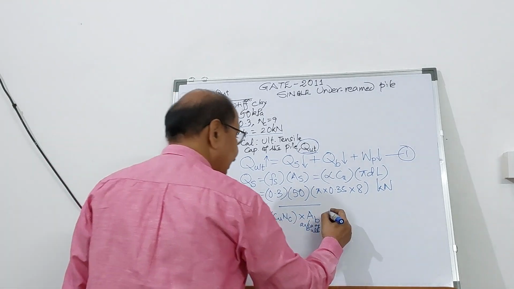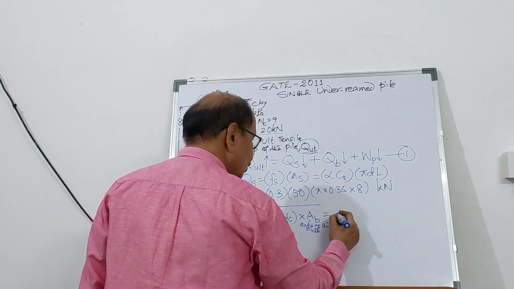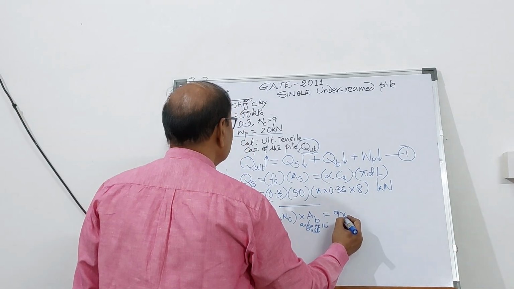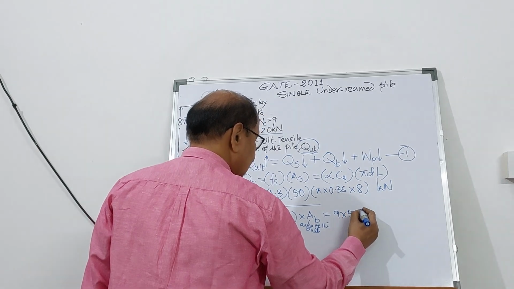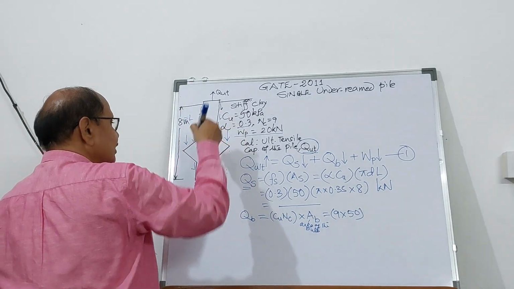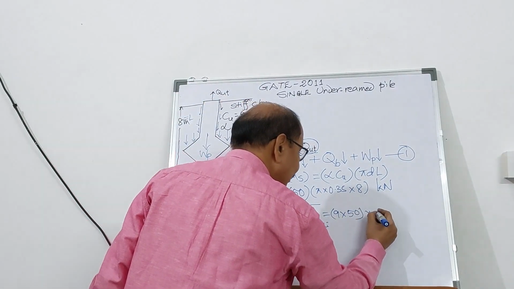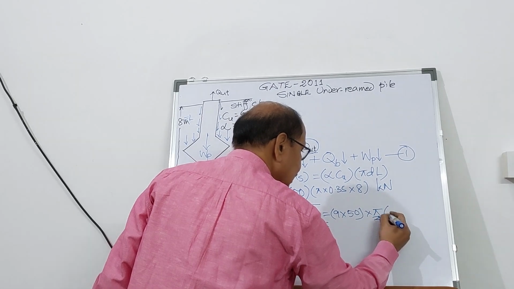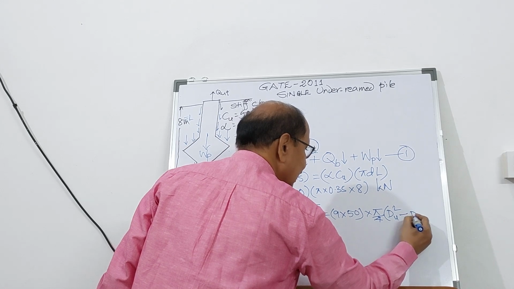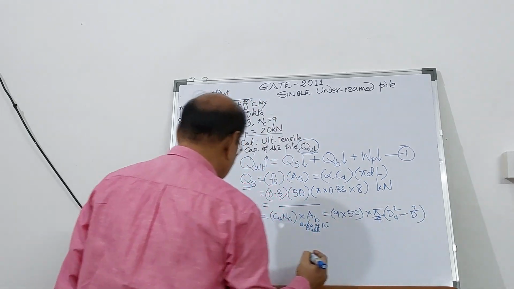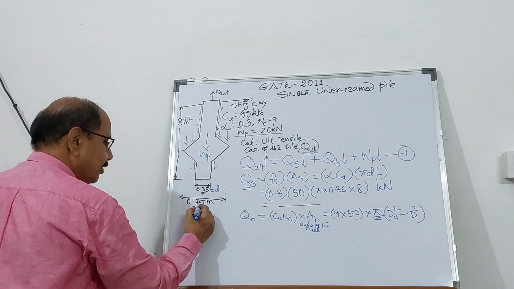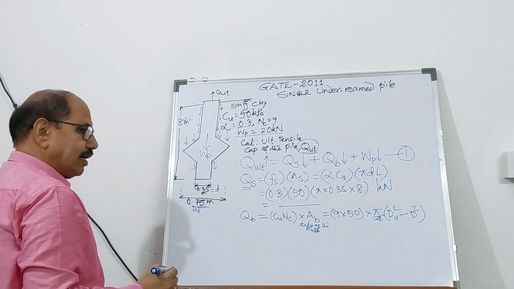So this will be, Nc is 9, so you can say 9 times Cu, given to you as 50, and the area of the bulb over which this soil resistance is going to act will be pi by 4 times the diameter of the underream whole square minus the diameter of the shaft whole square. So what is the diameter of the underream? This is called the diameter of the underream, which is given over here as 0.75 meter.